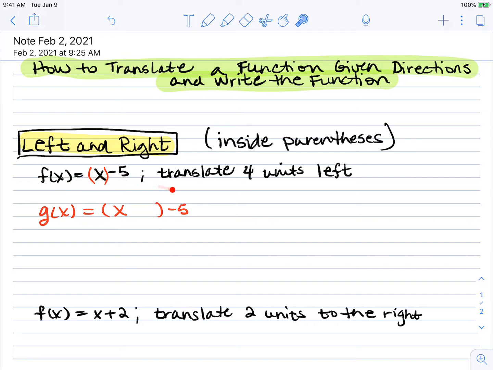So this -5 is moved down here. Okay, I want it to translate 4 units left, which means I'm asking it to move that way 4 units.